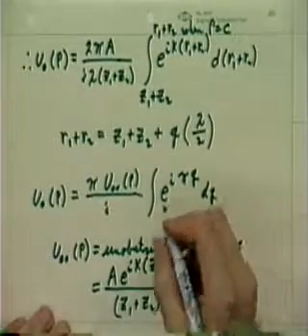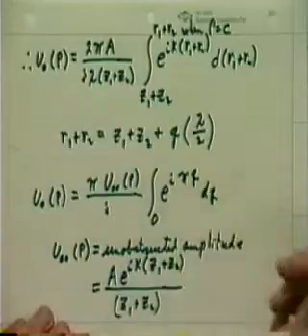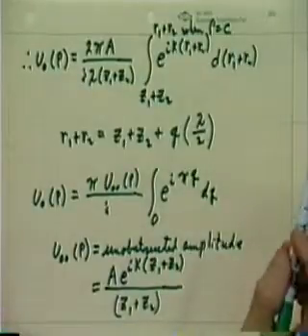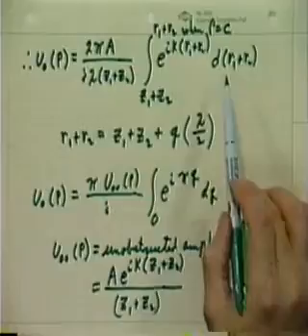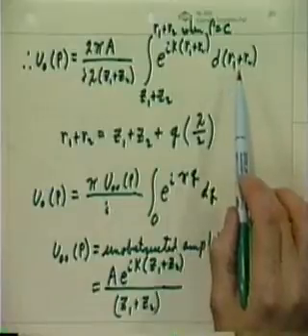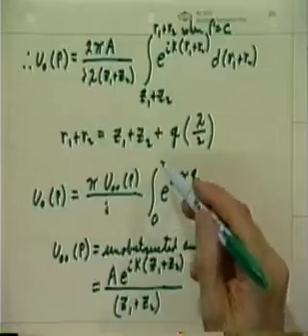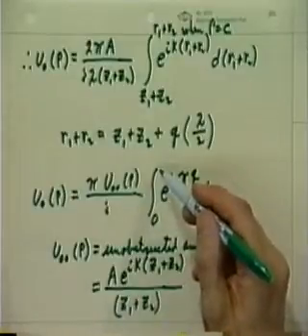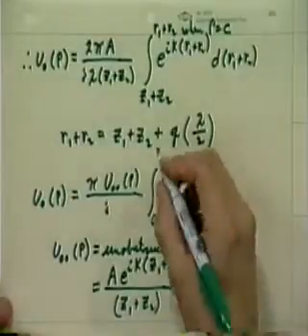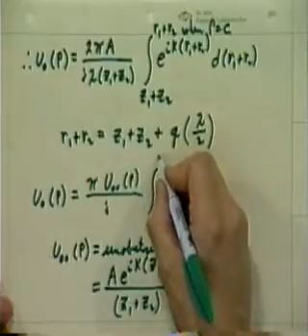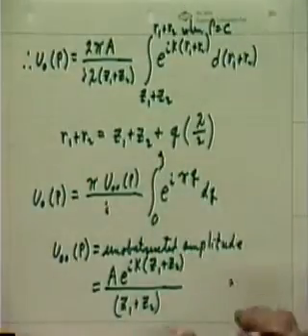Well, now q goes from right on the axis here, where r1 plus r2 was z1 plus z2, that goes to 0. And up here, oh, I still don't know what it is up here. Squiggle, okay?